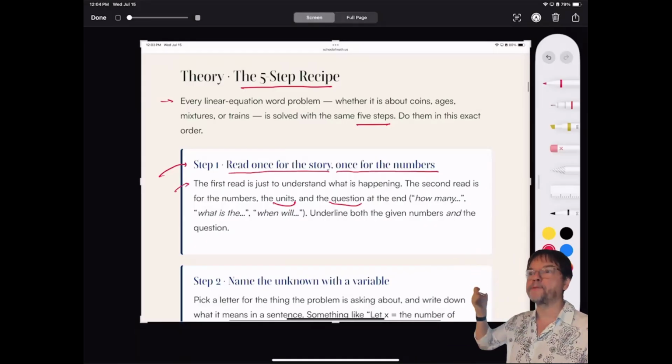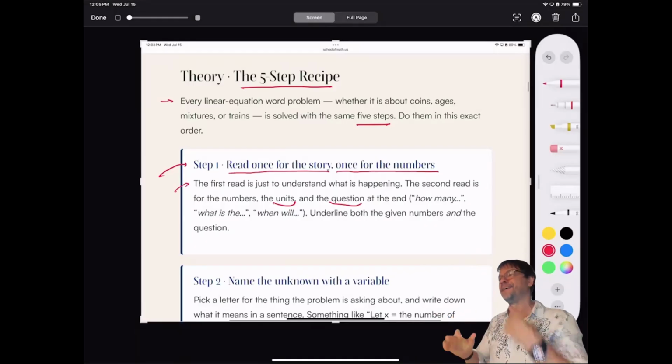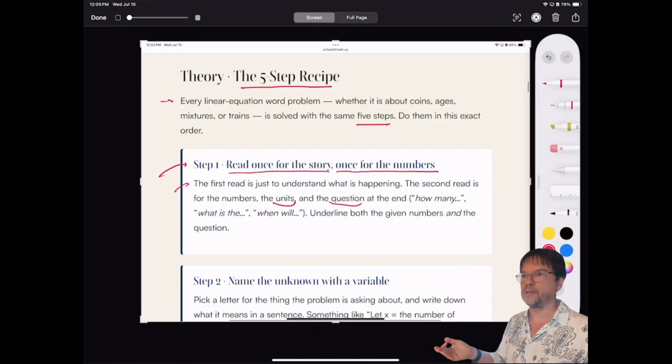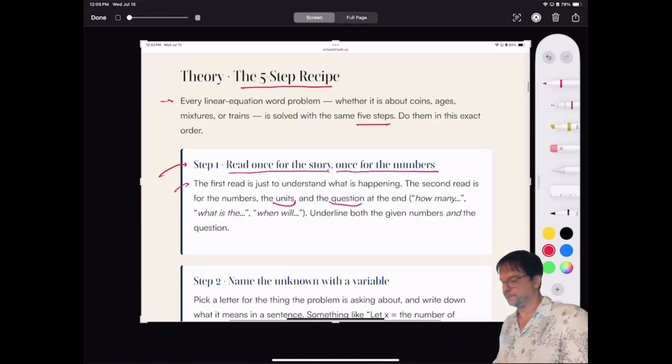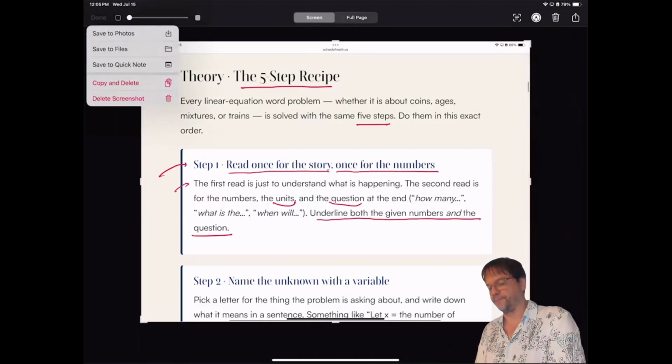And in the options, this is not rare, you find the answer that you thought it was, but the author of the question is trying to trick you. Underline both the given numbers and the question.